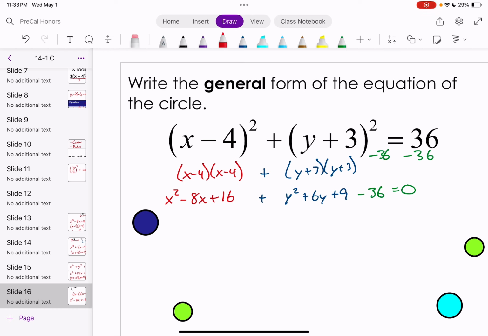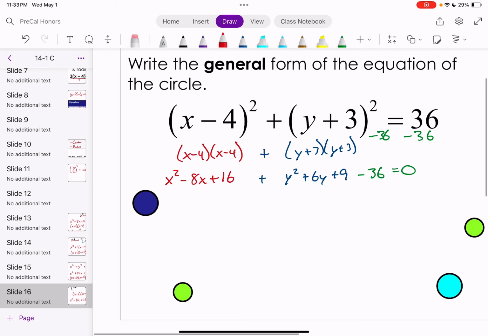Now, because of the problem that we're working with and we're going from standard to general, we're also going to need to combine our like terms from this problem. So we go ahead and start off by placing them in the correct order. We would start with standard form, which is the highest exponent first.